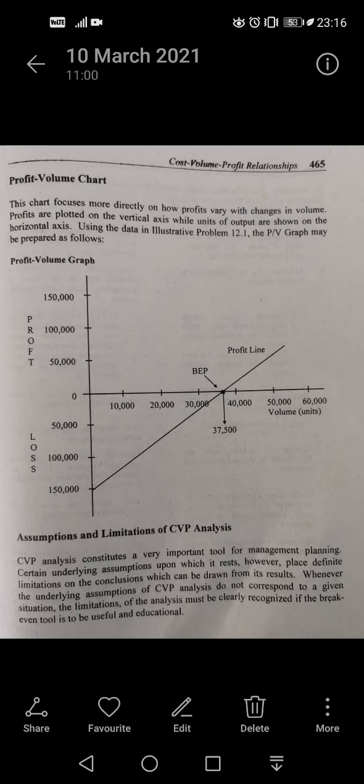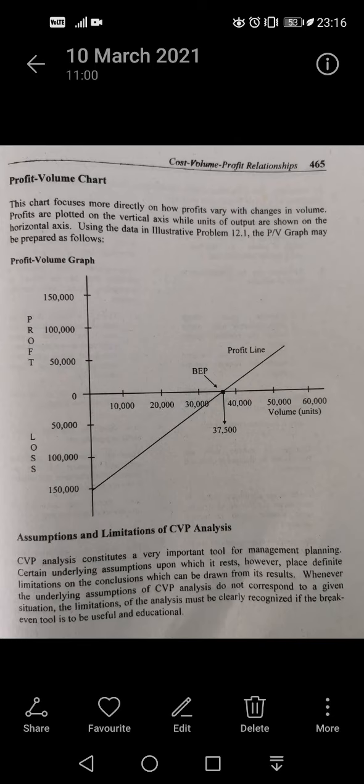In the profit-volume chart you can see the profit and loss. There are also many assumptions and limitations. The analysis is valid only for a limited range of values, the relevant range, and a limited period of time. Failure to observe these limits would lead to working with unrealistic data, and so on.